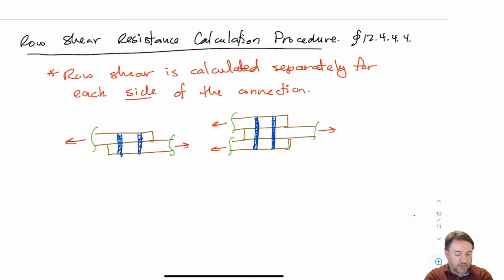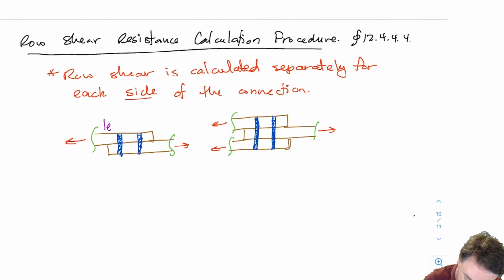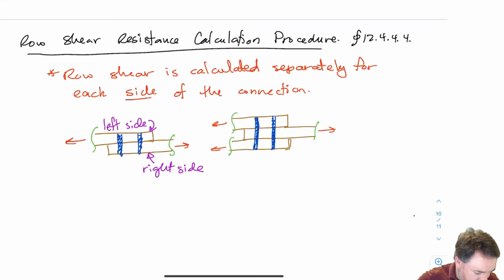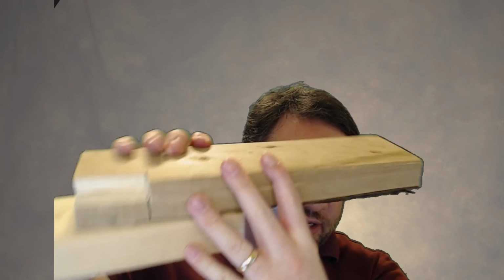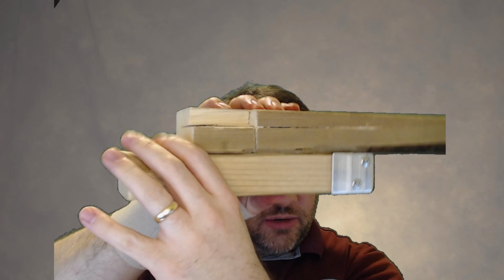So what do I mean by side? Here I have, for example, a left side that has just this connection, this member, and the right side has just this connection. So if I have 2 pieces of wood and these are connected together like this, I have one member on the left side and one member on the right side.